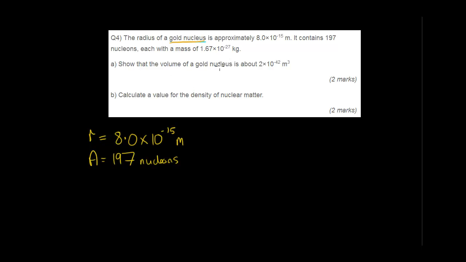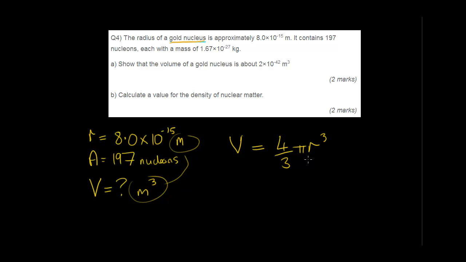Show that the volume of a gold nucleus is that. That's the first question, so what is V? We're looking for meters cubed. Notice that the units agree, so we can now select an equation. The volume of a sphere, and we're going to assume that the nucleus is a sphere. Bit of an assumption, but for the moment, that'll do. Volume of a sphere is 4/3 pi r cubed.